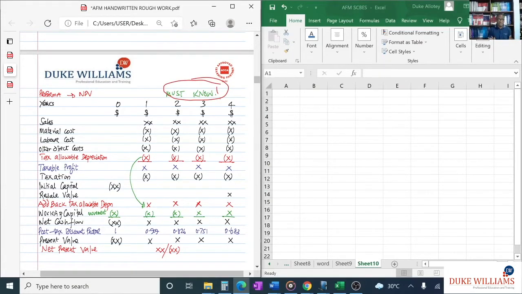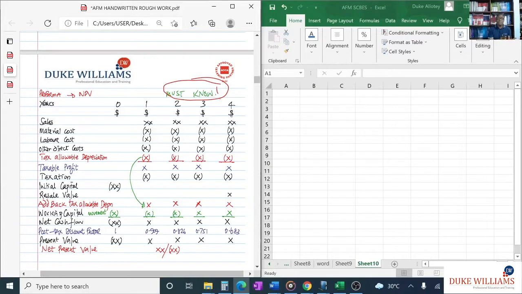Now, a typical NPV goes with the years on top there, followed by the sign for the currency, then revenue, then any direct cost. So if you have material, fair enough. If you have labor, fair enough. Other direct costs, or it could simply be just variable costs in the case of what we have here.